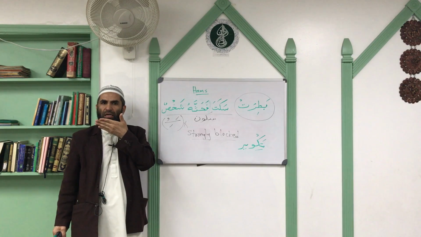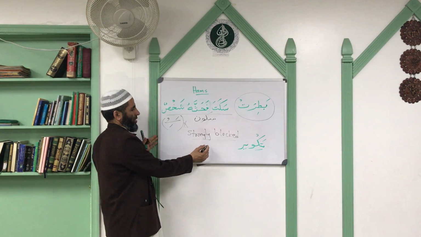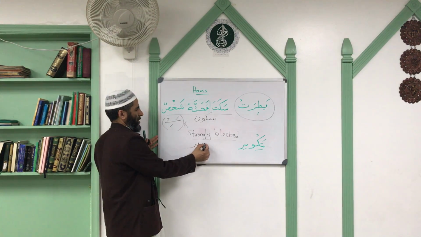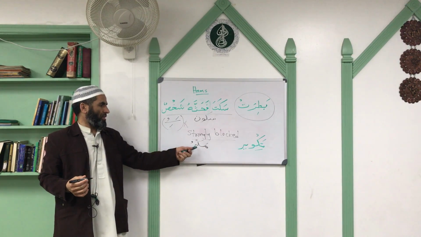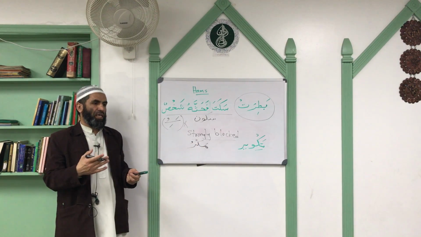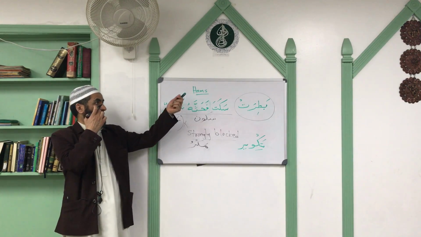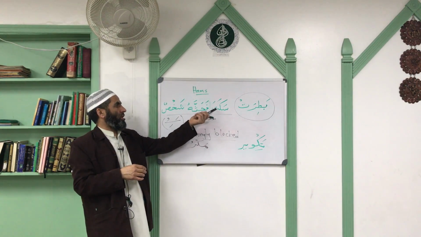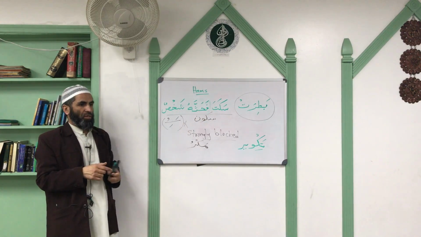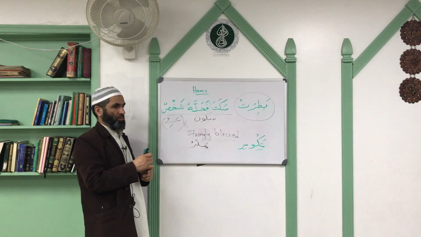Takweer. Makru. Makru ulaika. Makr. Wa makru ulaika. This sound of k is called hams. Makru ulaika. And it can be applied to all these letters with sukoon.